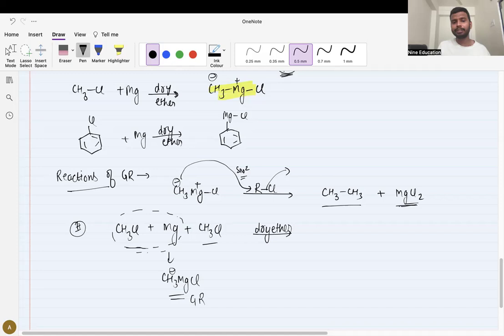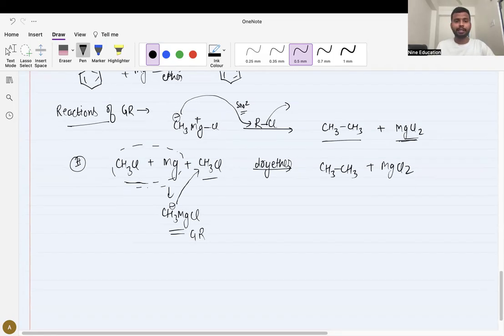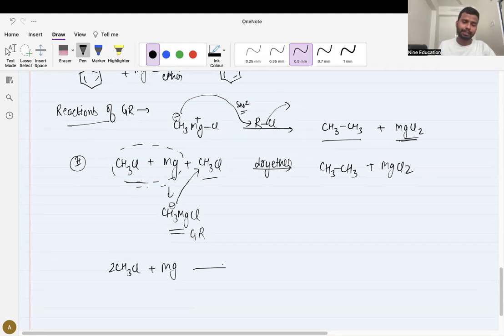Now this Grignard reagent will attack on the next mole of CH3Cl to give you CH3CH3 plus MgCl2. मतलब in the reaction, if I use 2 moles of CH3Cl plus magnesium in dry ether, I will get CH3CH3 similar to Wood's reaction, and MgCl2.